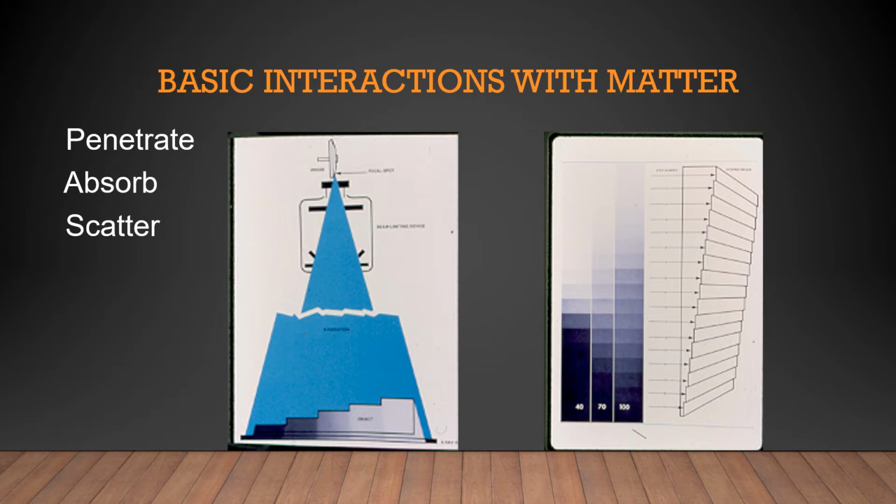Now the image receptors that we're going to be talking about are going to be either an X-ray cassette or a computerized radiography cassette or a digital imaging cassette. Now, a lot of the changes that you're going to see when you're looking at the radiographic image will only occur when you are taking X-rays with film.